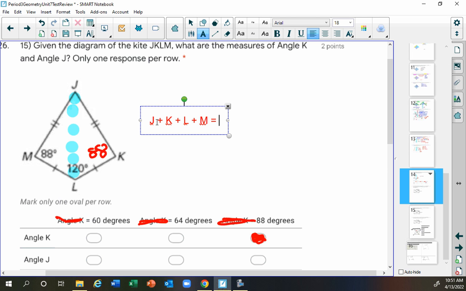What's the sum of your four angles inside? Or parallelogram, or even a trapezoid? 360. That's a 360. Well, we know three things. Angle M and K are the same.